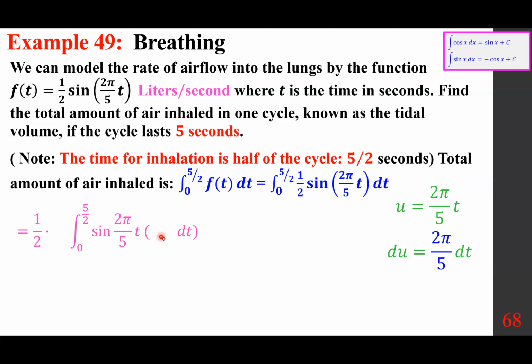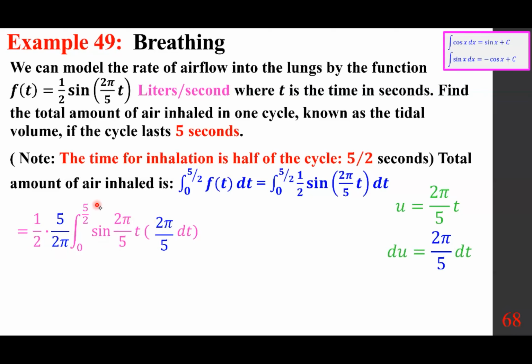Again, in the text they solve for it. You don't have to put the 2 pi over 5 here. 2 pi over 5 is a number, everybody. If I put 2 pi over 5 here, I put its reciprocal 5 over 2 pi outside. I put 2 pi over 5 because I need it, and it's just a number. Its reciprocal, 5 over 2 pi, is outside. Again, the product of the two must be 1, and it is. So this is 5 over 4 pi, sine of u du.